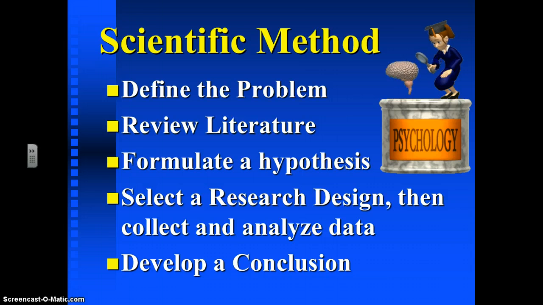We'll talk about it again in another session, but a lot of people refer to the hypothesis as an educated guess. Basically, you're trying to come up with what you believe to be true about the relationship between a couple things.